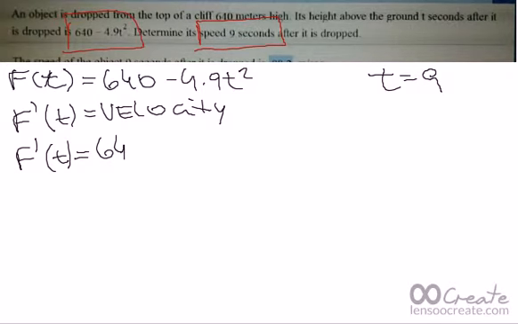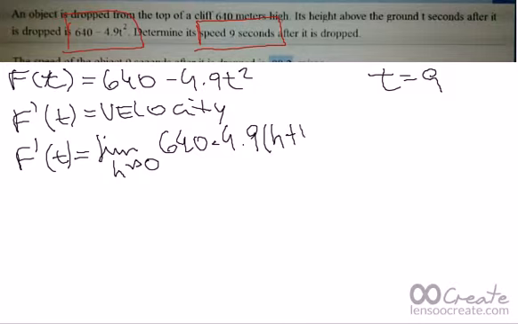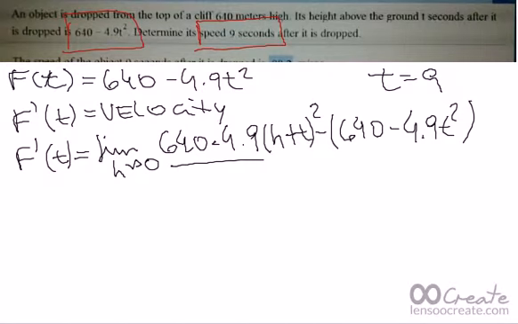So for this, we will resolve the derivative: the limit as h approaches 0 of 640 minus 4.9 times (h plus t) squared, minus 640 minus 4.9 t squared. That's the first thing we need to do, and all of this is divided by h.